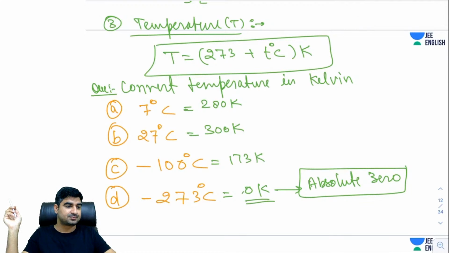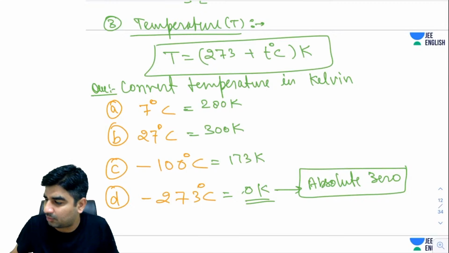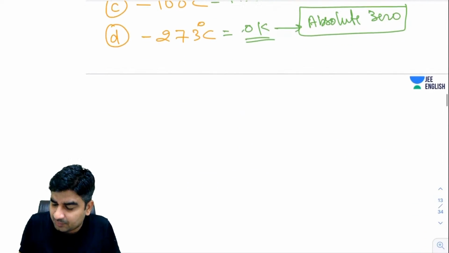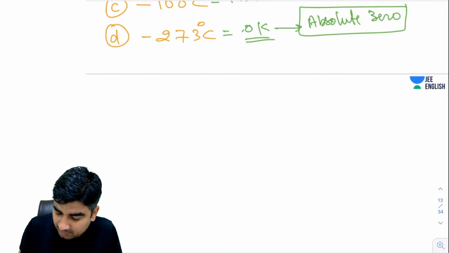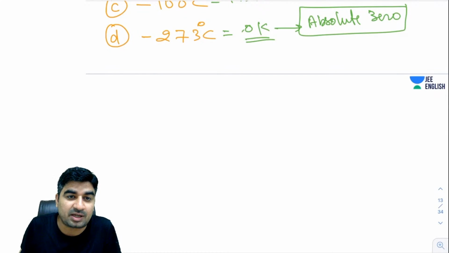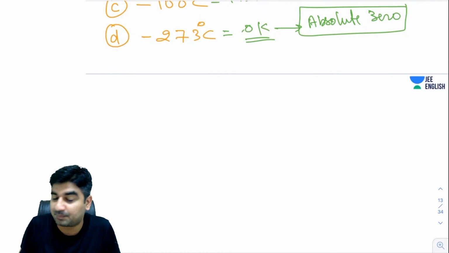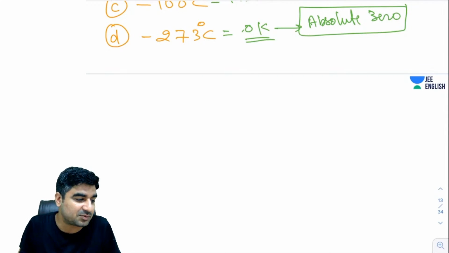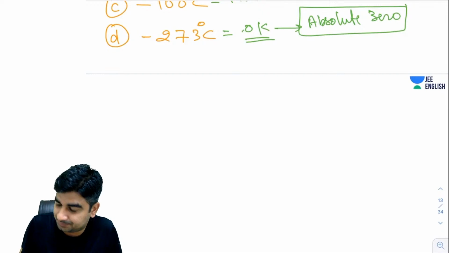You got it? So now you are comfortable in temperature also. Although they are not important, you should also know there is one more scale and how to do this conversion. I am telling you a simple formula for that, and that is very important because for Fahrenheit you people generally don't remember this.